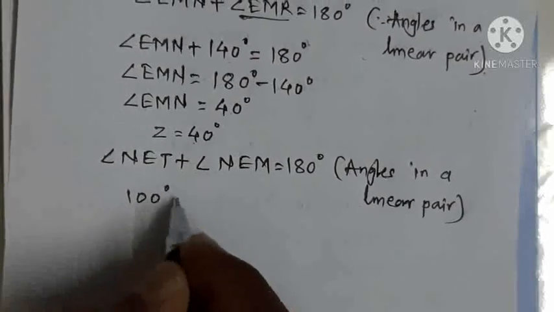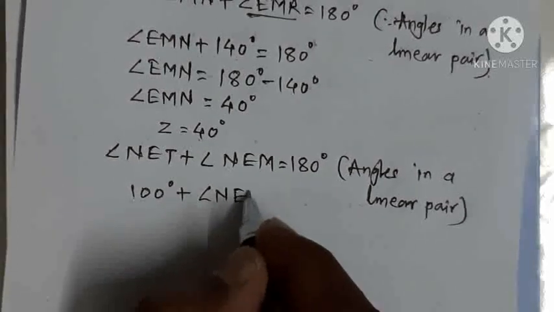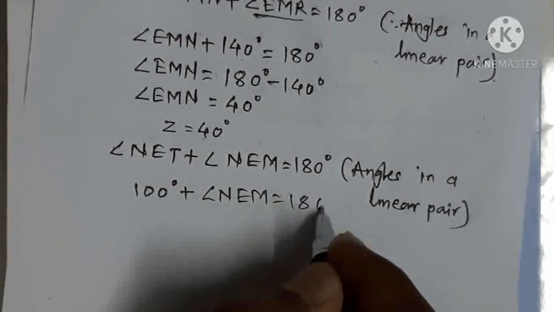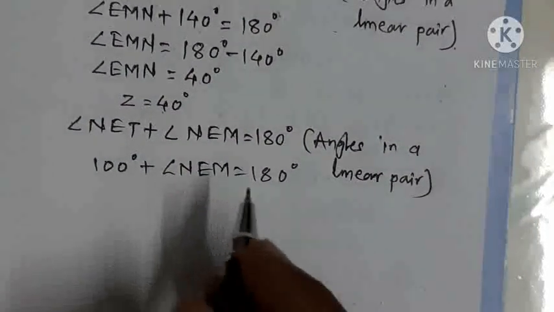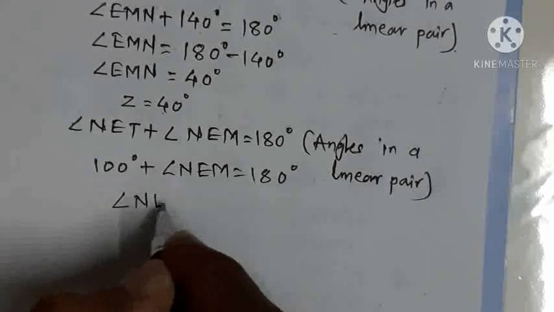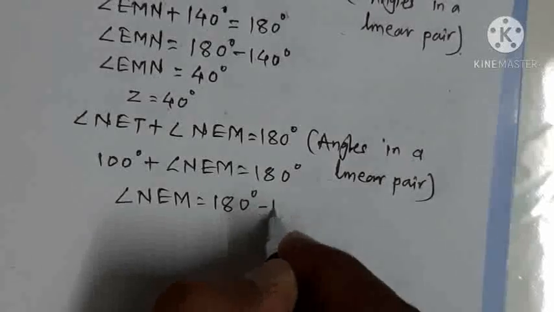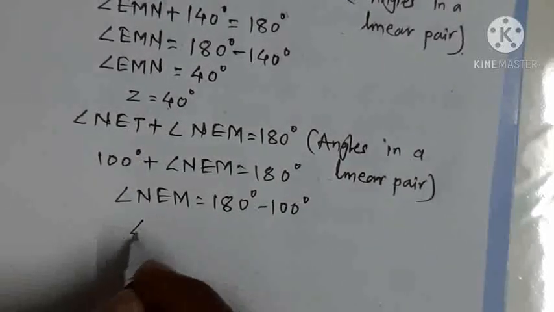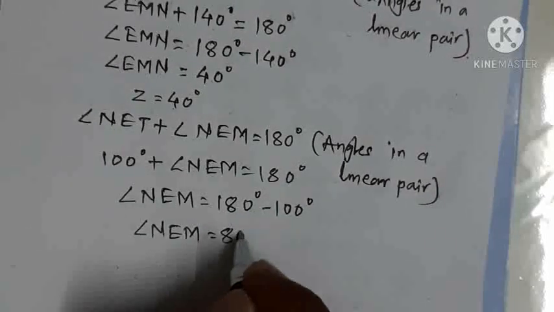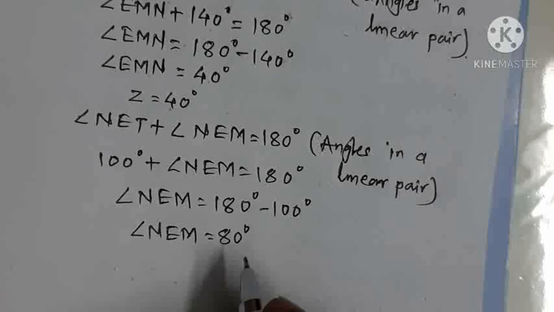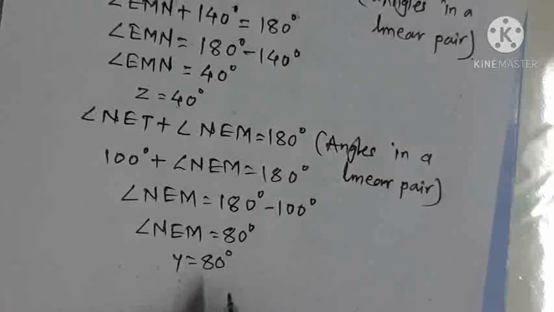Therefore, 100 degree plus angle NEM is equal to 180 degree. Now, put this 100 into right hand side. Therefore, angle NEM is equal to 180 degree minus 100 degree. Therefore, angle NEM is equal to 80 degree. Angle NEM, that is Y. Therefore, Y is equal to 80 degree.